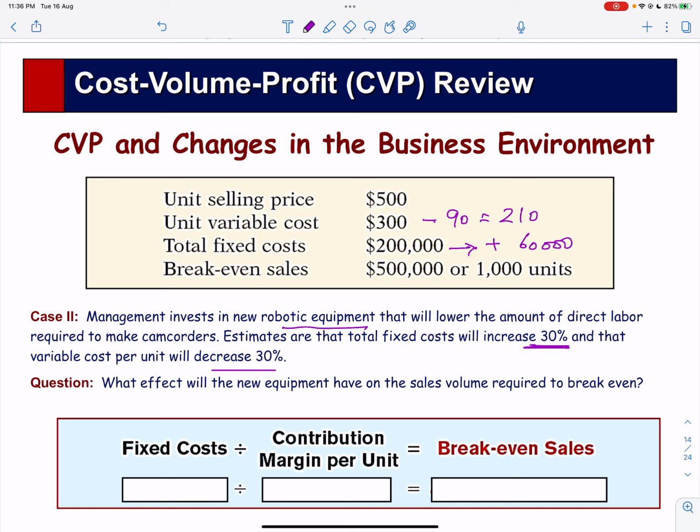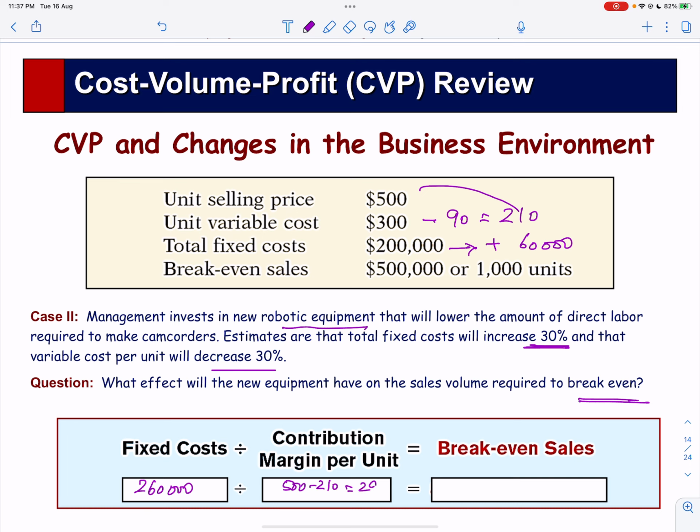So what effect will the new equipment have on the sales volume required to break even? The fixed cost changes to 260,000, and the contribution margin will be sales minus variable cost. It is 500 minus 210.